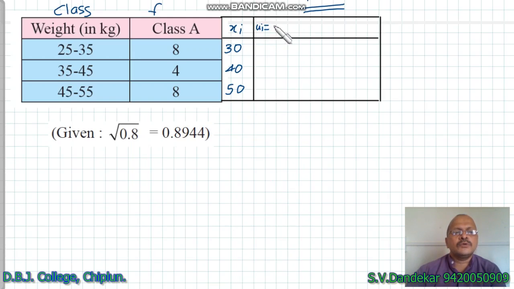Ui is equal to xi minus 40 divided by 10. So this is 0, minus 1 and plus 1.